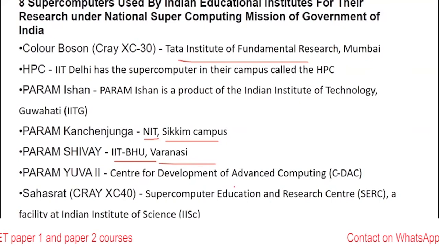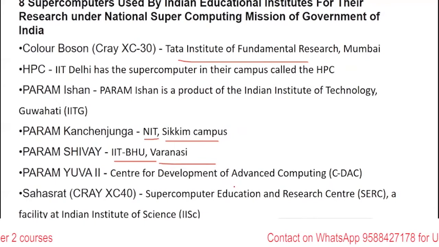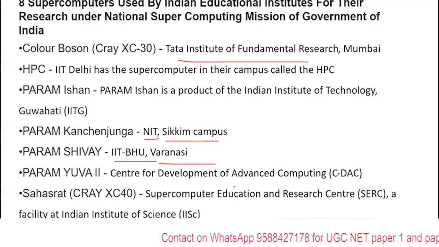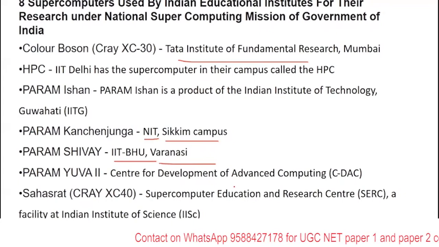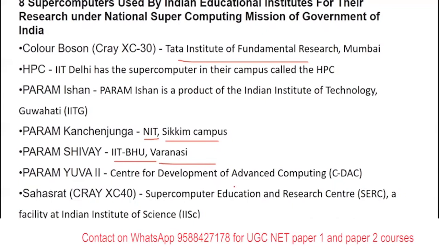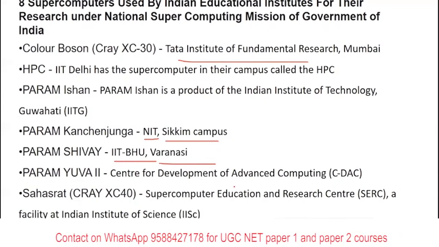So when we talk about various universities, whether it is Param Shivay at Banaras Hindu University, or whether it is Virgo at IIT Madras, these are the 8 supercomputers which have been used by our Indian educational institutions under the National Supercomputing Mission of Government of India.